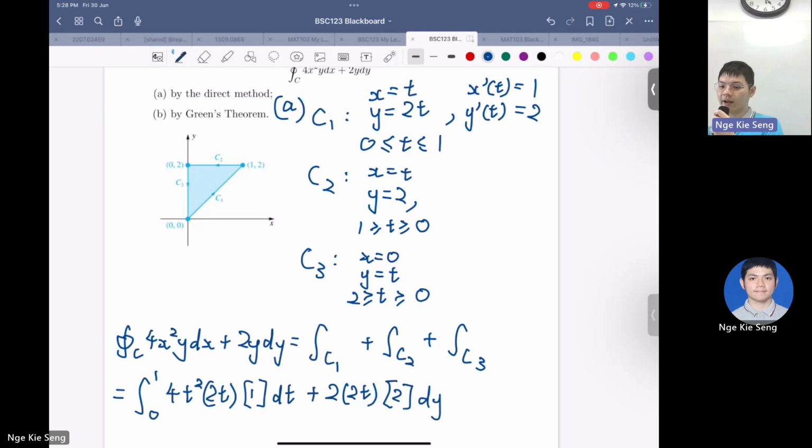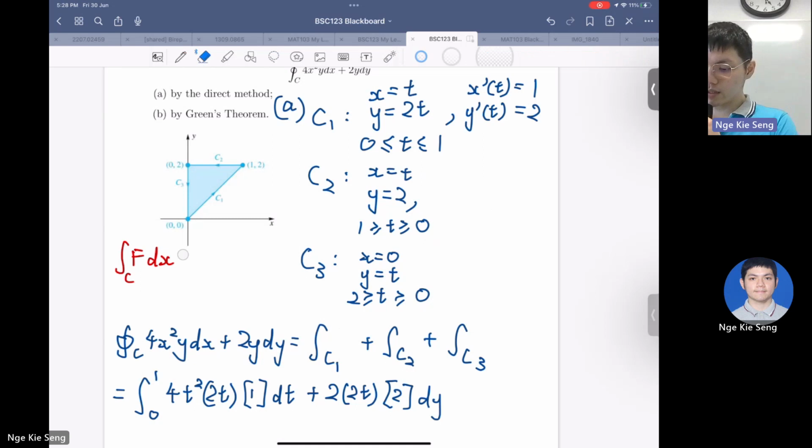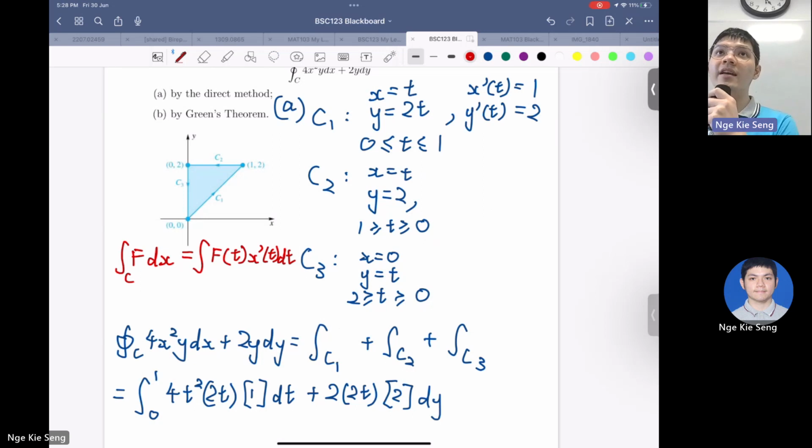So we put a few things together. If you want me to remind you, what is a line integral with respect to a specific direction? This is just replacing f with respect to t of x prime t dt. So this is the line integral with respect to x.